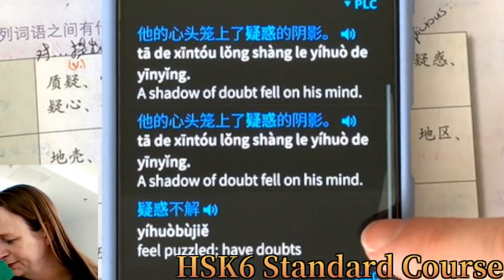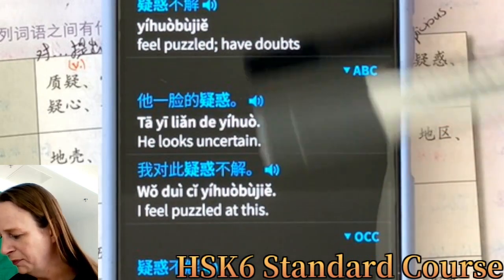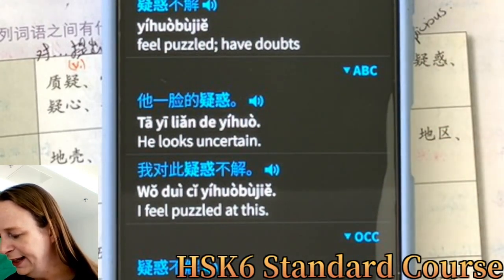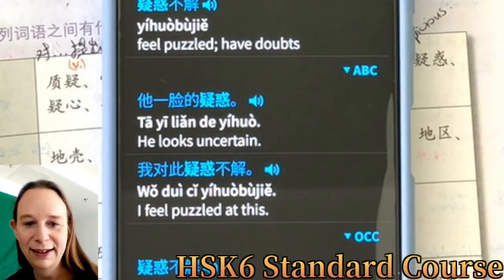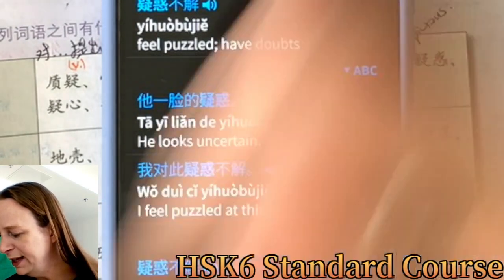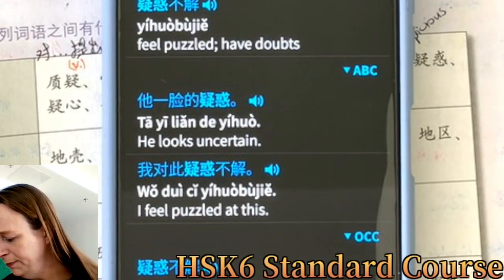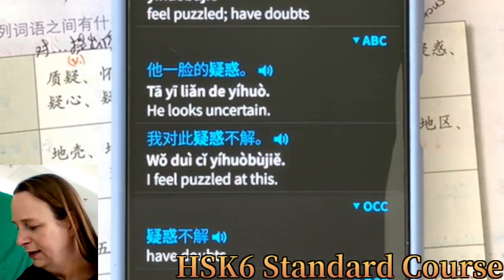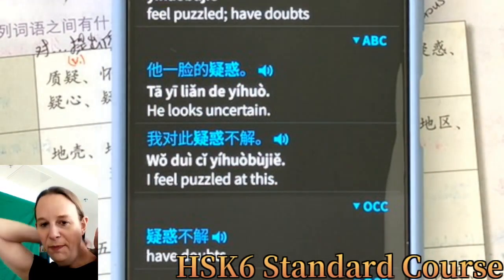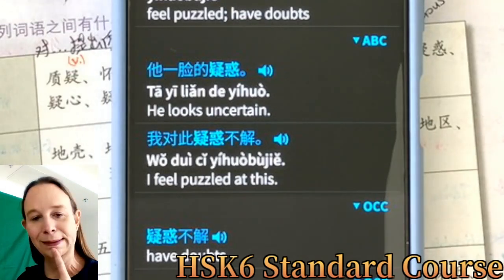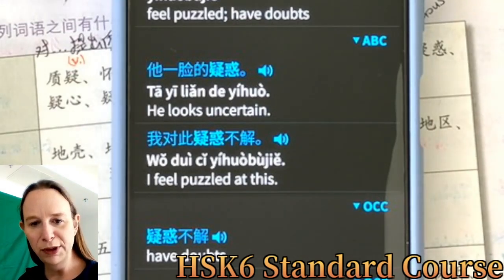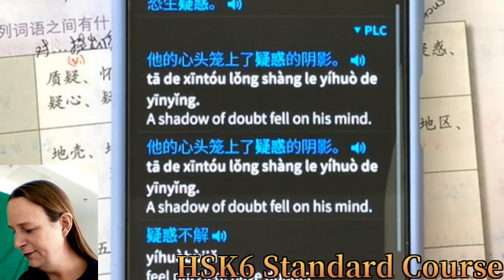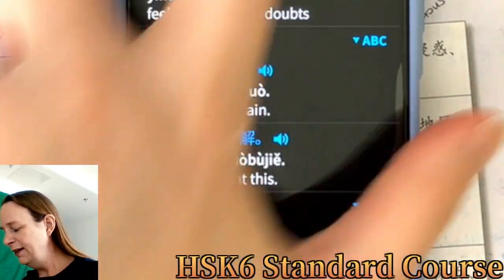All right. 他一脸的疑惑. Yeah, I've seen that a lot. His face was full of doubt. 我对此疑惑不解. All right, 疑惑. So puzzled. Puzzled is a good one. I am puzzled. 疑惑不解. Puzzled, uncertain, full of doubts. Okay, next.